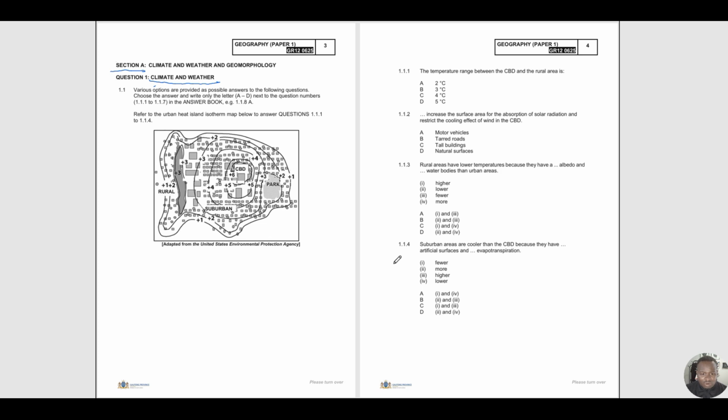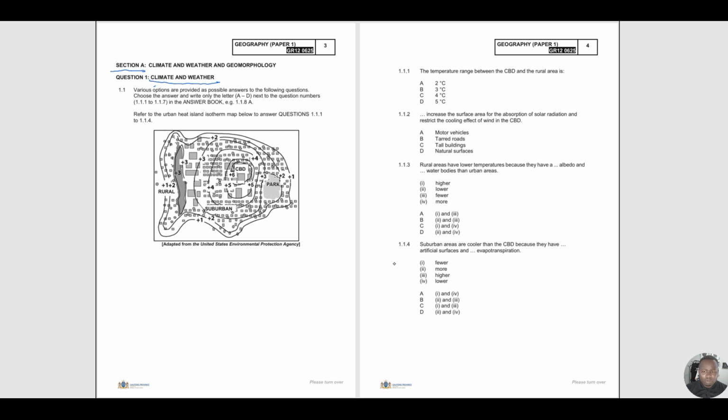I'm reading these instructions because we have noted at the marking center that some learners make mistakes. They waste time, they write the questions. You don't have to write the questions, you are wasting time. The paper is 3 hours and each and every question is allocated time. So you need to work on time, just follow the instruction.